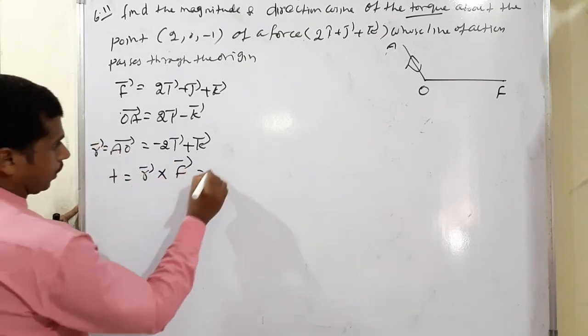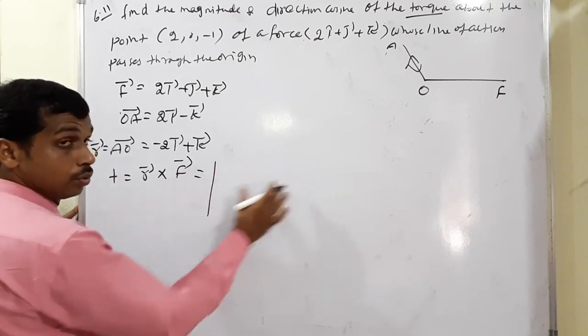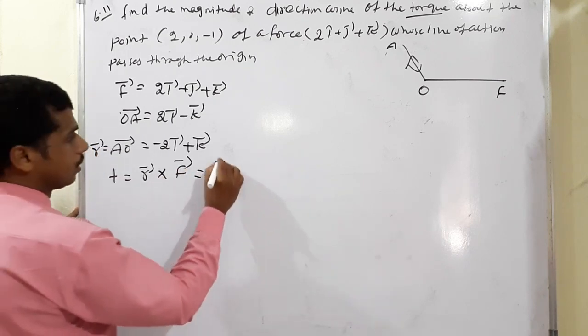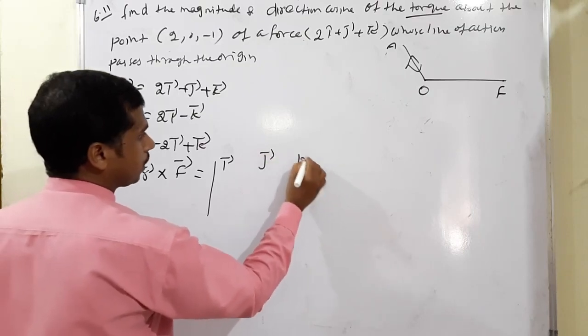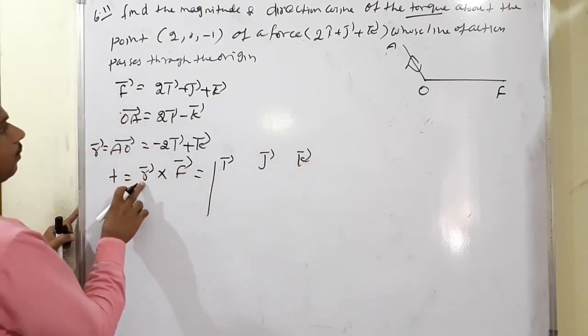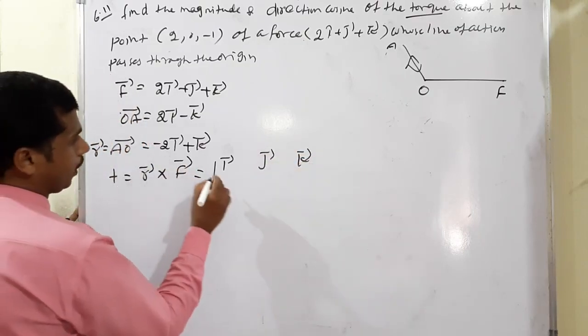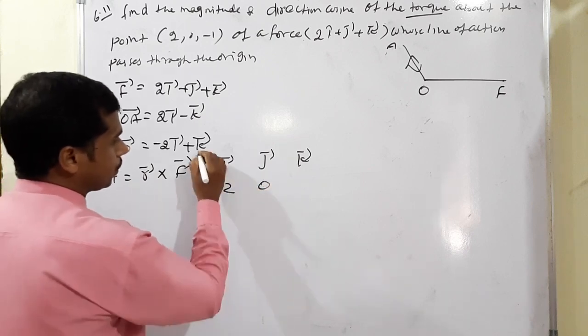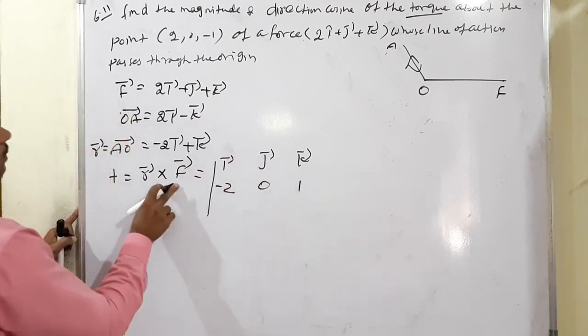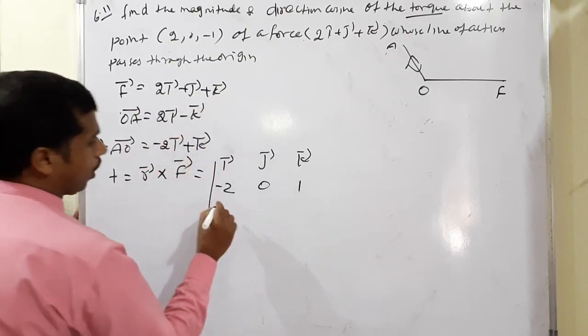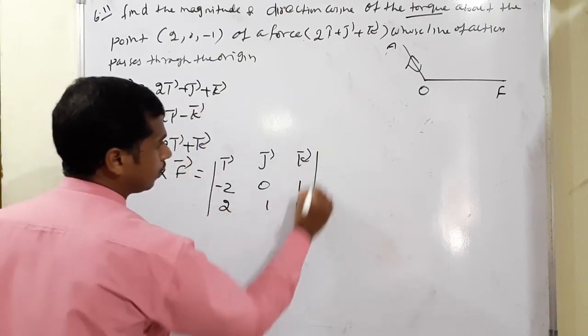Therefore, for the cross product we have to take the determinant. So, i vector, j vector and k vector. The r vector is minus 2, for j we have 0, for k we have 1. As well as the force 2, 1, 1.